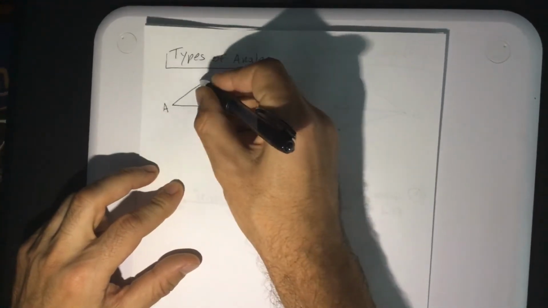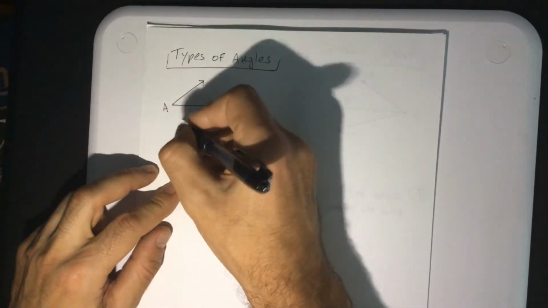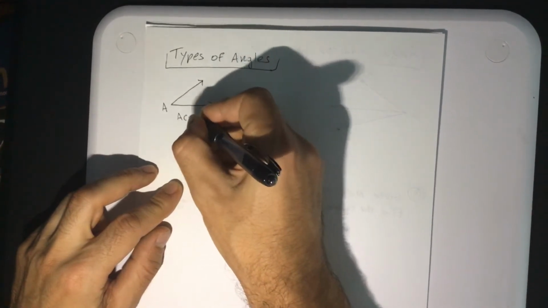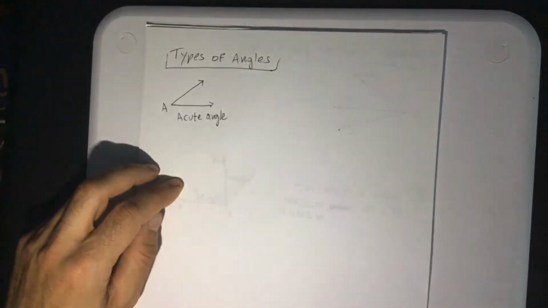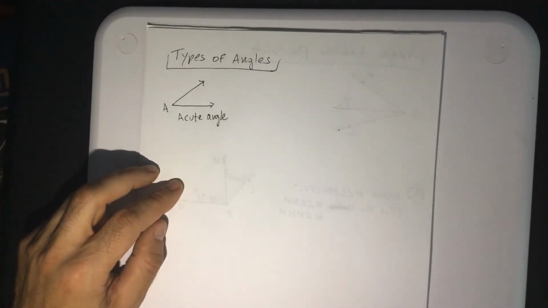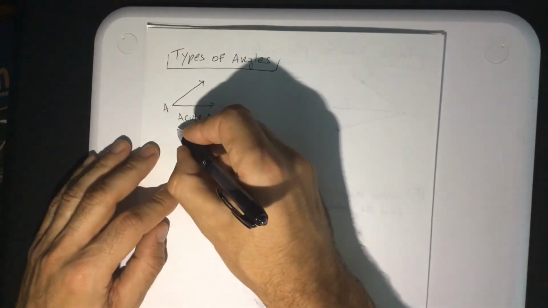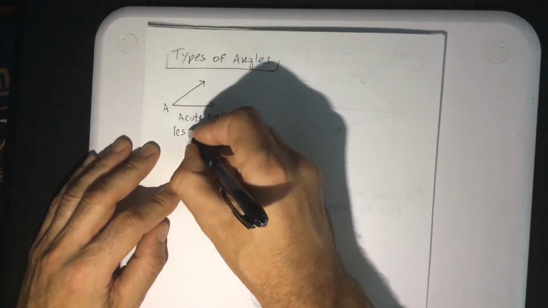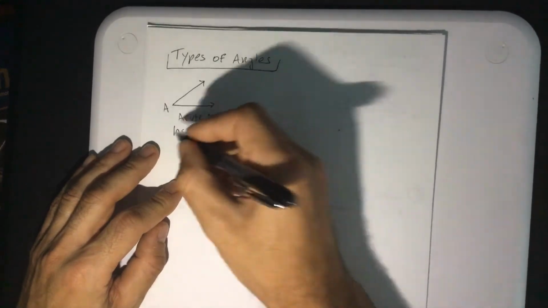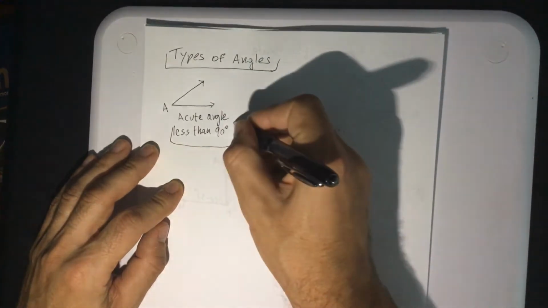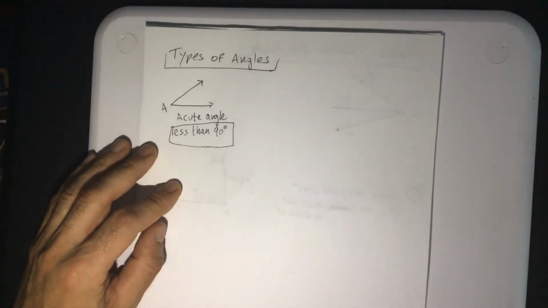Let's call it angle A, and that's what we call the acute angle. The acute angle is basically an angle that is less than 90 degrees.